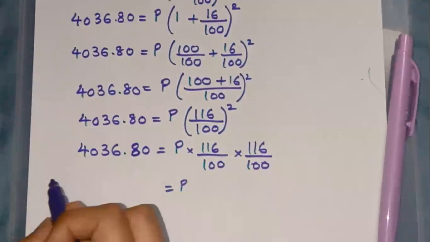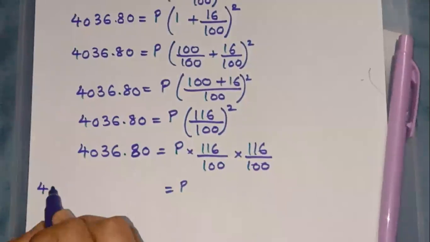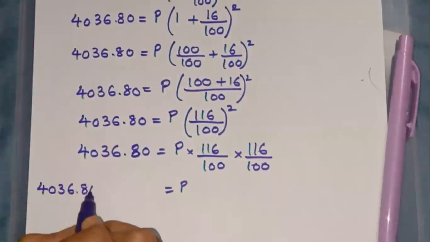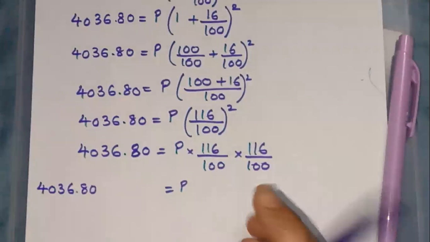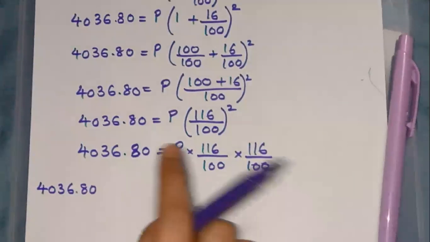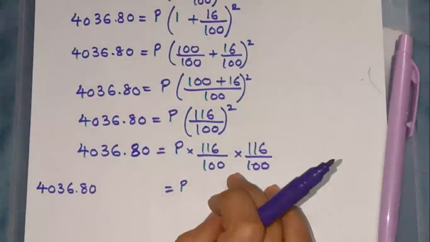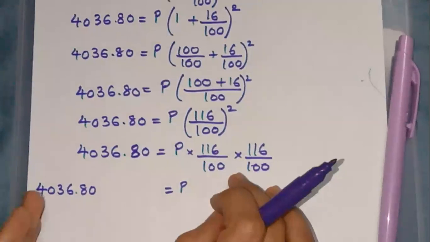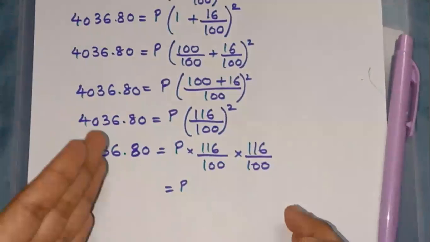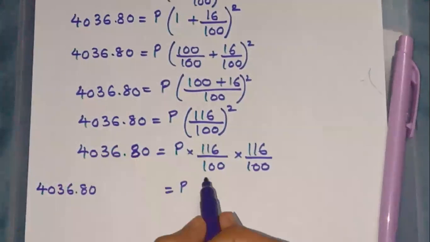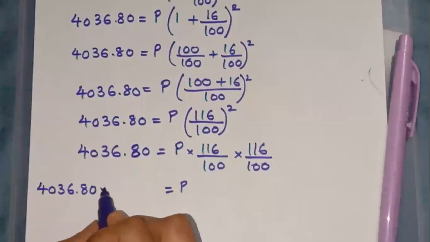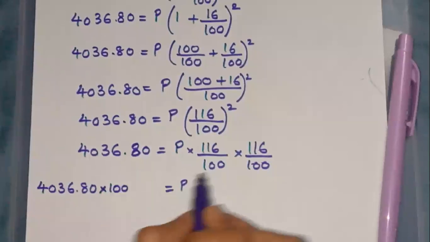So I have 4036.80. I am shifting first the 100. Whatever is there in the denominator goes in the numerator when it goes to the other side of the equal to sign. So from here it is coming here, that means it is going in the numerator. So multiplied by 100. I have shifted 100 over here.